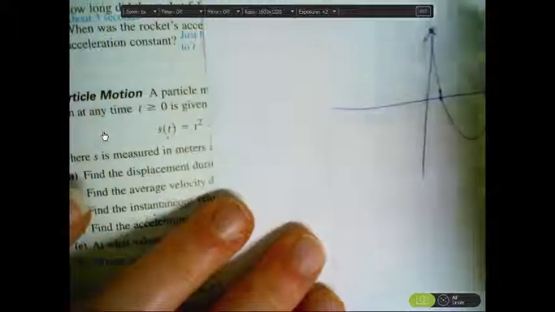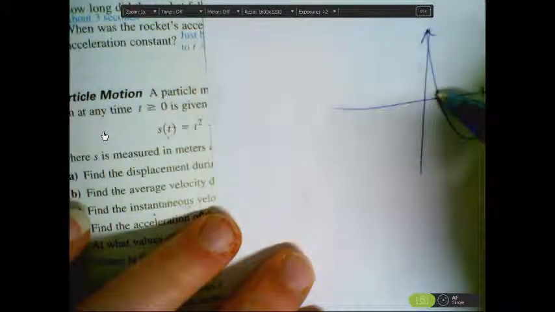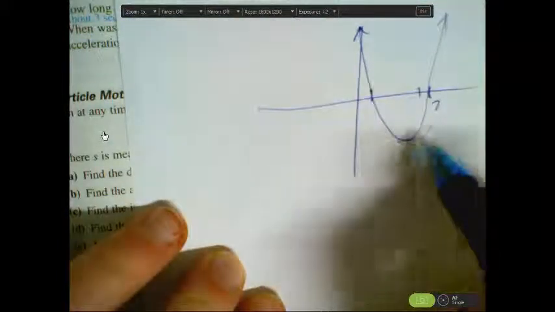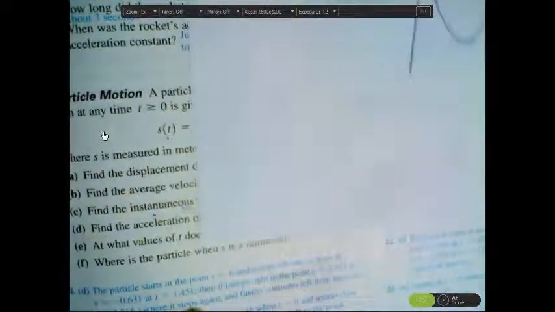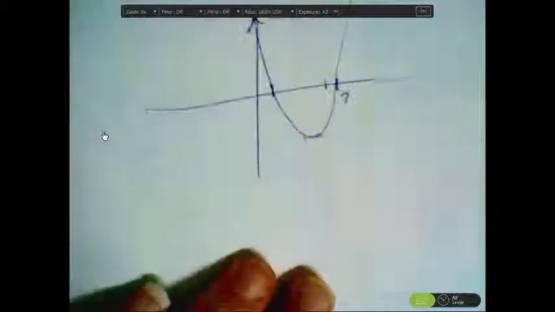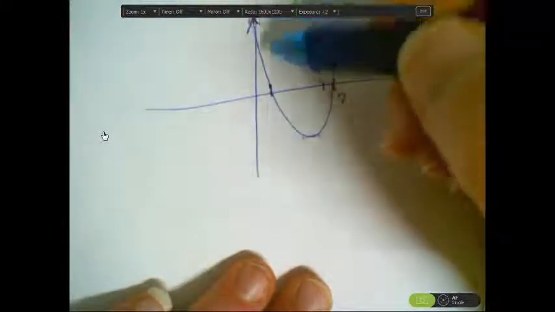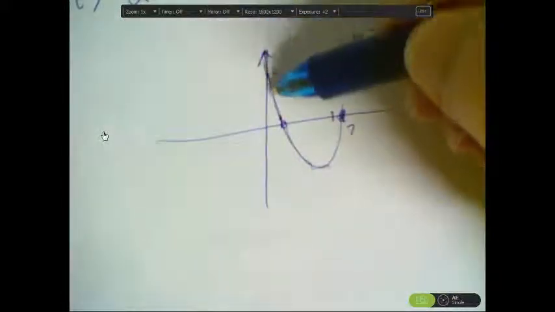And we said that when the position was decreasing, the velocity was negative. When the position starts increasing, the velocity becomes positive. So what does that mean for changing direction? First we have to think about the position. When it's decreasing, it's moving to the left.